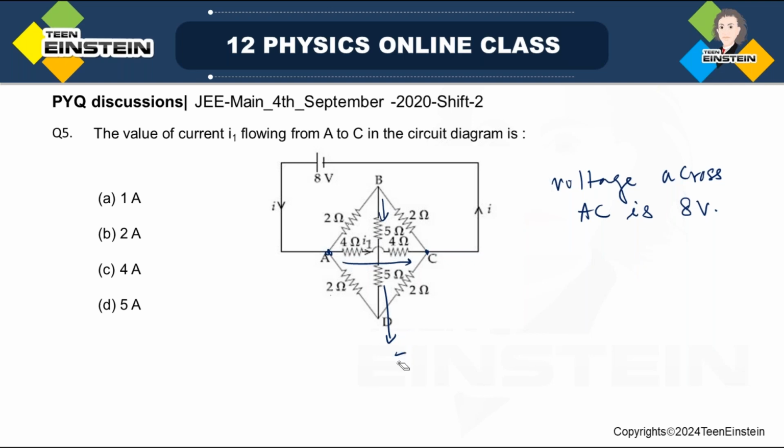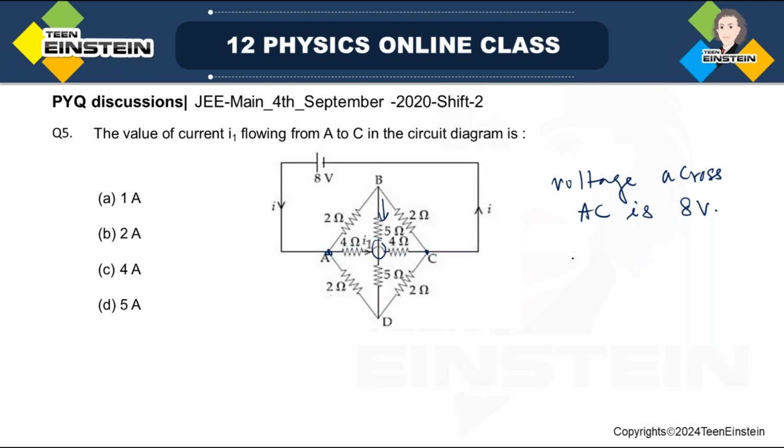And see in this figure, I think you need not know even whether there is a current through this BD or not, because this shape shows that there is no connection between this BD branch and the AC branch. If I have a connection like this, then your wire is going like this, so that means it is just jumping over it. It is not connected to the other branch, so no need to worry here. You know the voltage drop across the branch, and you know the resistance of the branch.